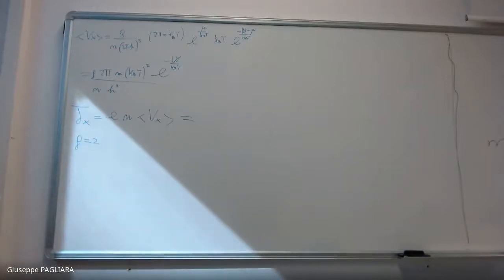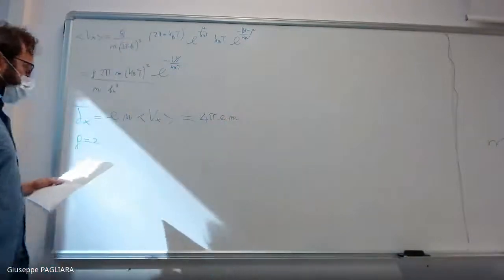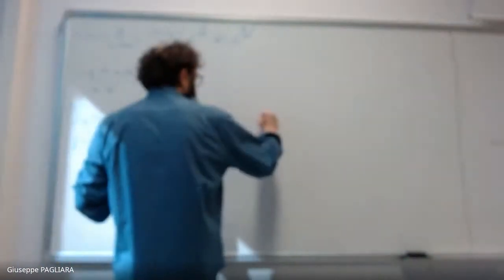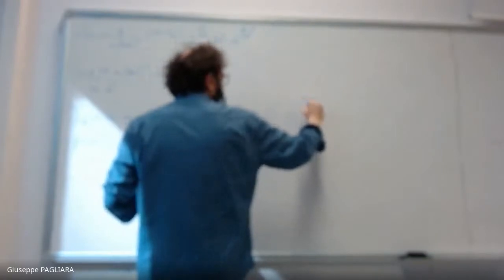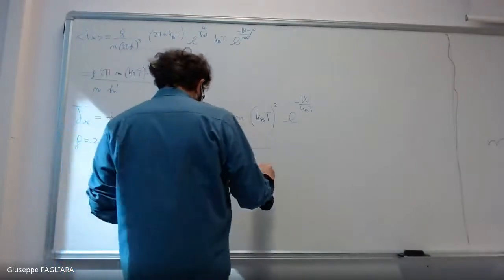And then finally, I should get 4 pi e m divided by h to the power of 3, then I have a kbt squared, exponential of minus W divided by KBT. This is called the Richardson formula, for thermionic emission.